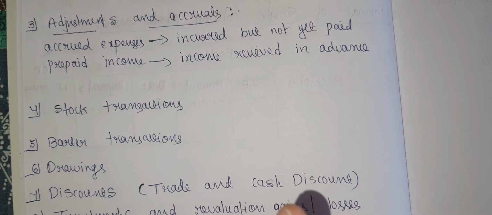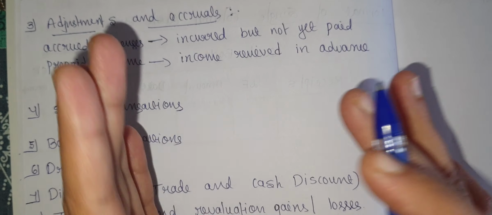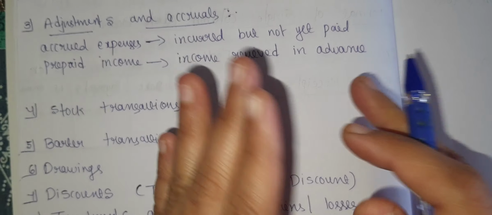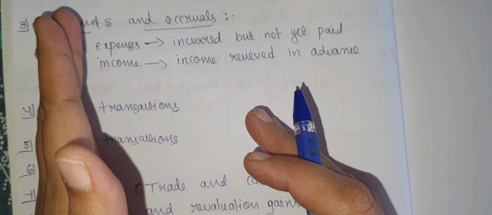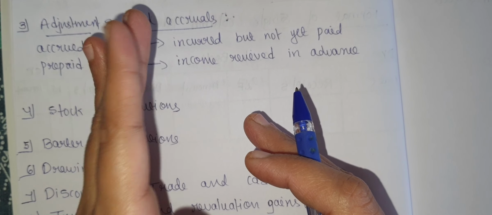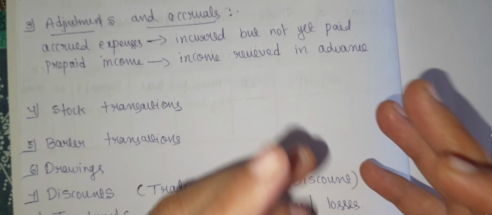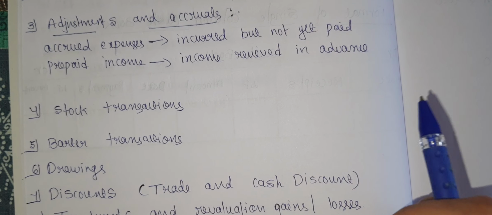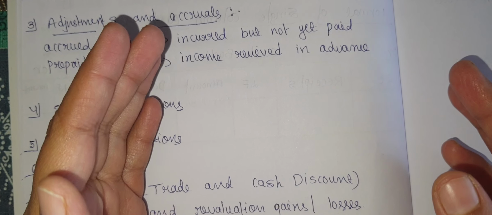Here accrued salary of rupees 5,000 means what? Example, employees worked in the month of December but the salaries will be paid in January. So this is the example for accrued salary. And what about prepaid income? Prepaid income refers to the income received in advance for goods or services that will be provided in the future.